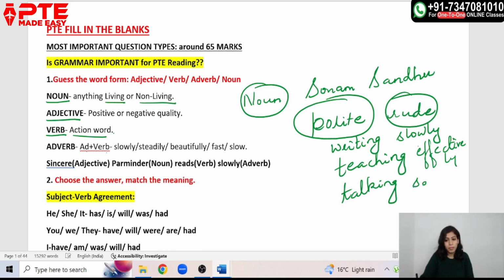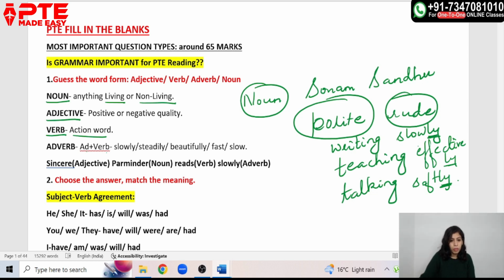Talking softly. So all these are adverbs. And in most of the cases, you'll notice adverbs will have ly at the end. Slowly, effectively, softly.